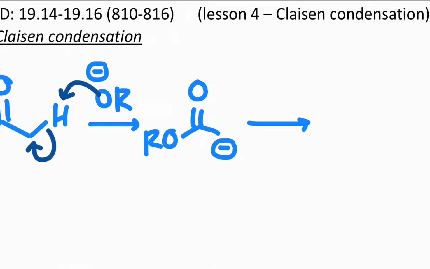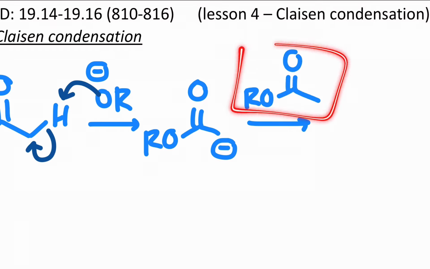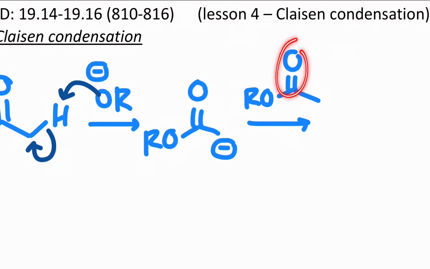Then, similar but not the same as the aldol reaction, another equivalent of the same ester that's neutral will act as the electrophile. So enolates are nucleophiles, but carbonyls are electrophiles. So one can attack the other. Just like we've seen esters get attacked in the past, can happen here as well.